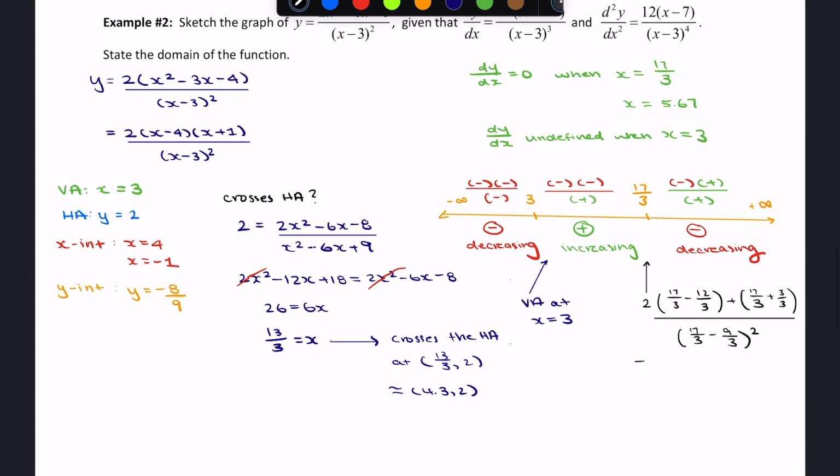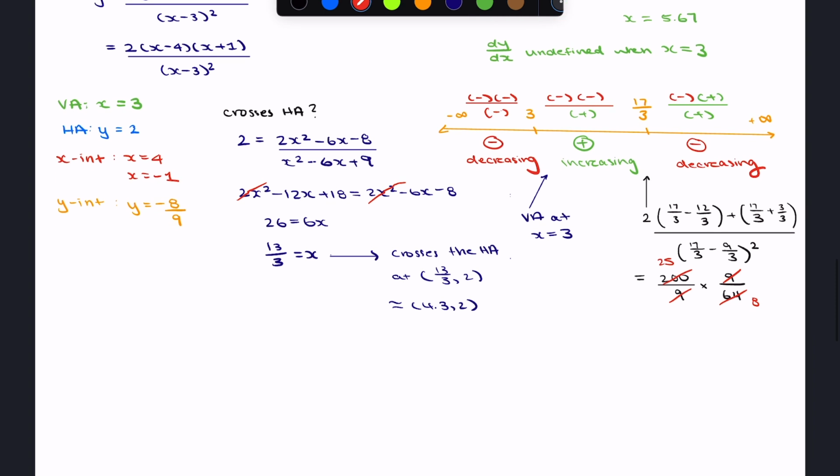So we simplify that, we'll get 200 over 9 times 9 over 64. 264, we can simplify that. So if we simplify that there, we get 25 and 8. And here we can simplify that, and the 9s will cancel out.